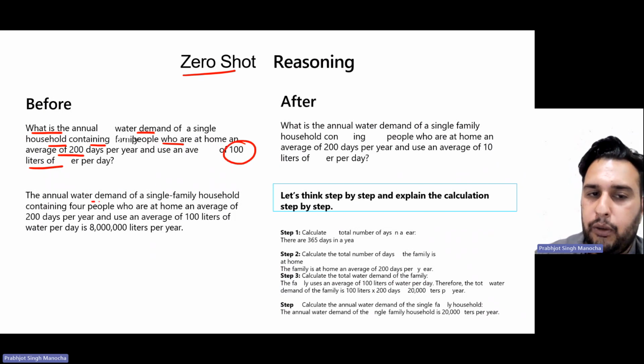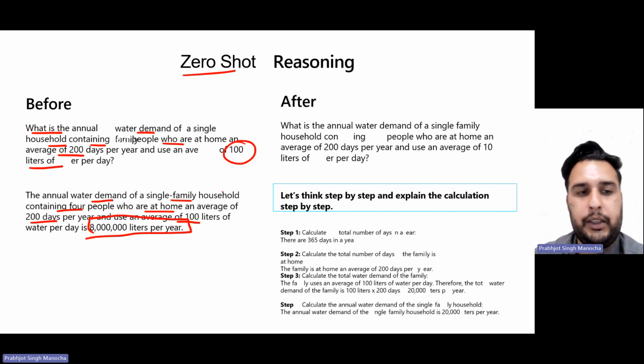So we wanted to find out the annual water demand of a single family household containing four people who are at home 200 days and use 100 liters per day. It comes out to be this much, as they have calculated.